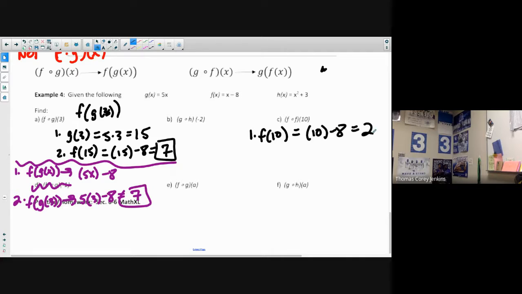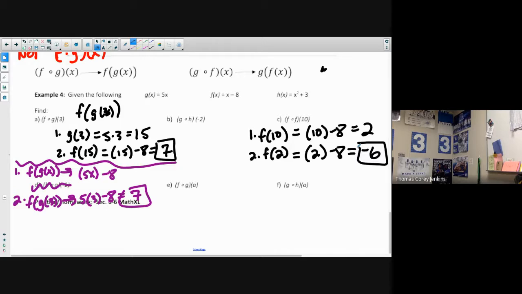That tells me I'm really just finding f of 2, right? Because f of 10 is 2. So take 2, take away 8, get negative 6. So that'd be by method 1.